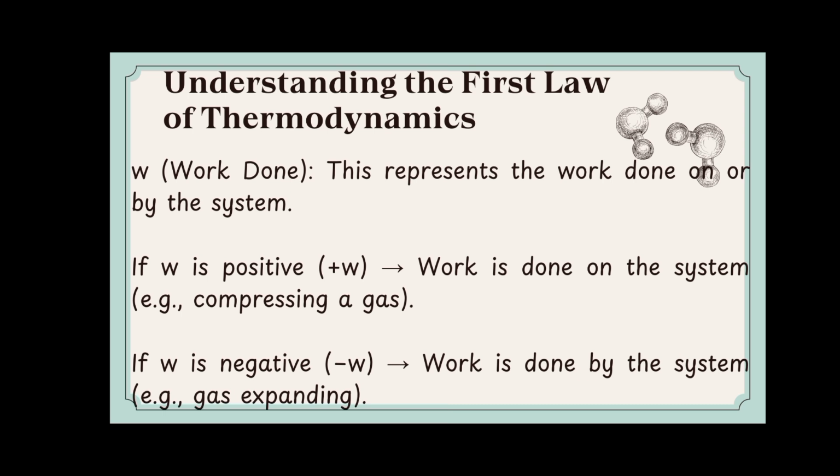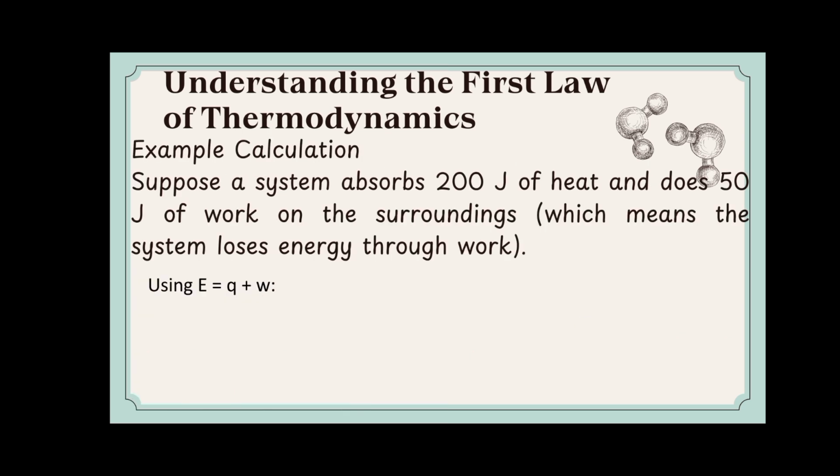If W is positive, work is done on the system, for example, compressing a gas. If W is negative, work is done by the system, for example, gas expanding. Now let's do an example calculation.